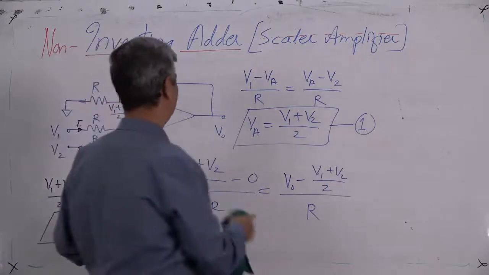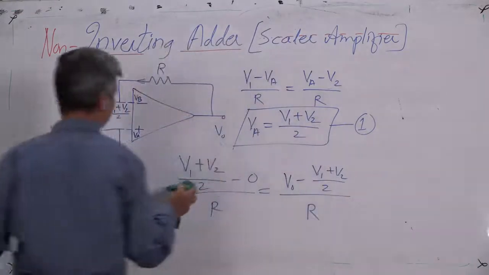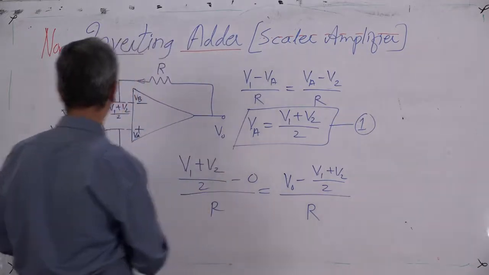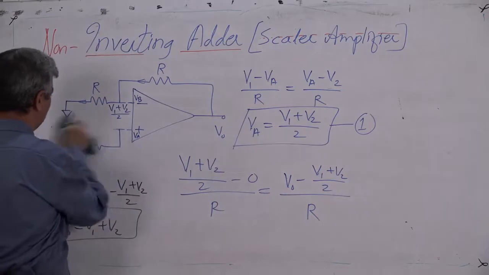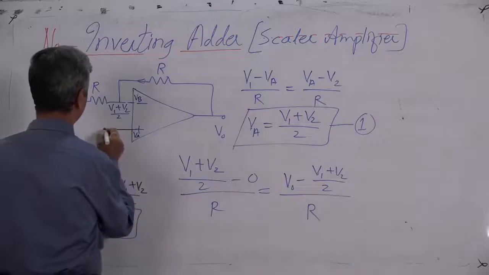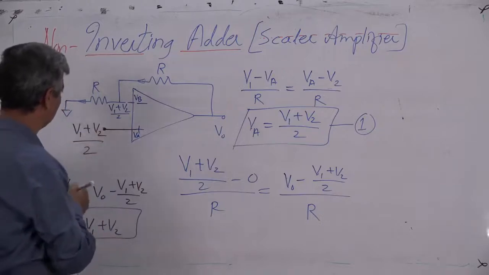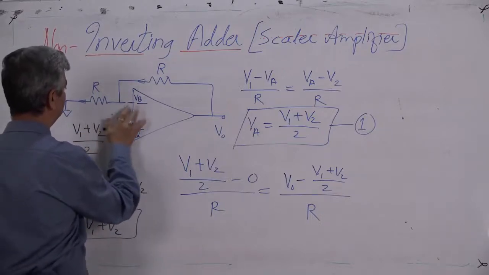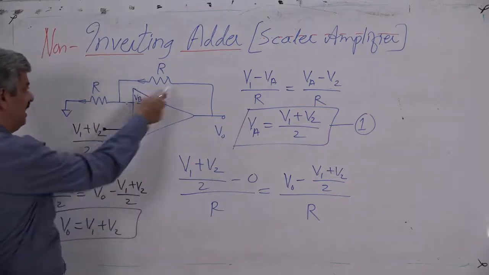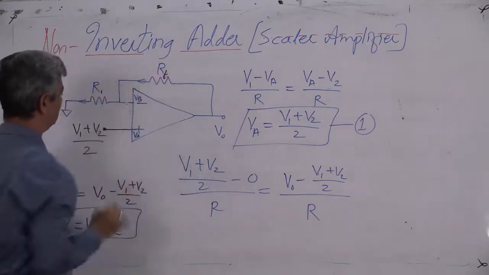There is one more way to calculate this output. There is a simple way. You have calculated VA. So, once you have calculated VA, you can rub this out and say that this is (V1 plus V2) upon 2. Then this combination, which we have already discussed, is a non-inverting amplifier. You apply the input at the non-inverting terminal and have some RF here and R1 here.